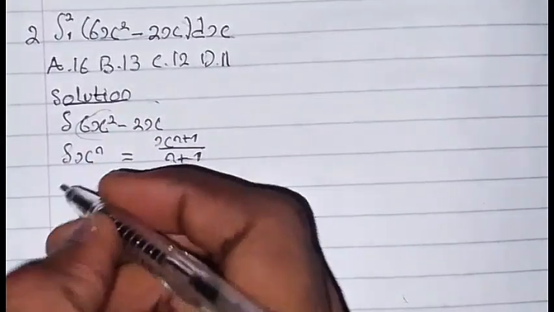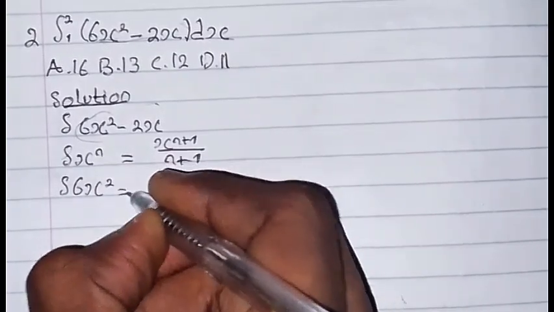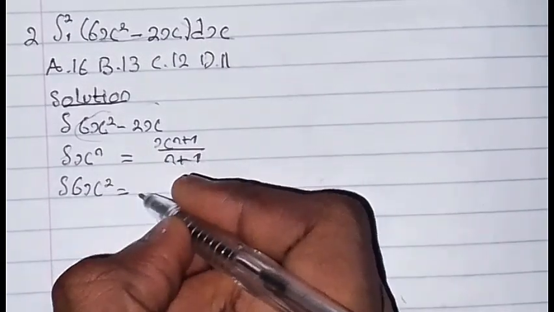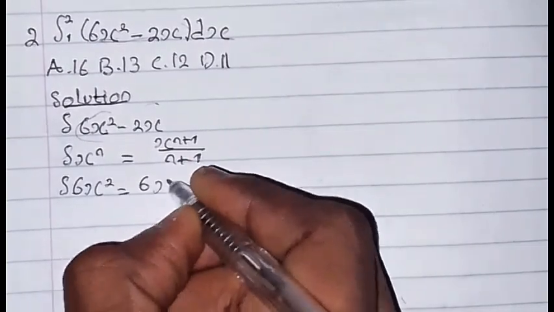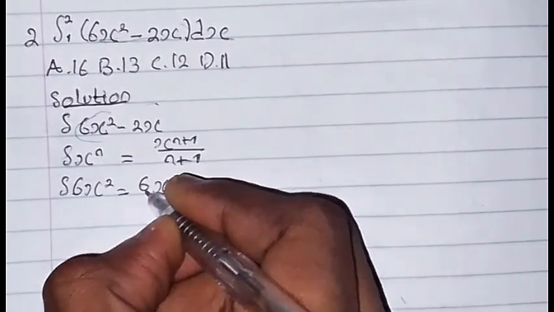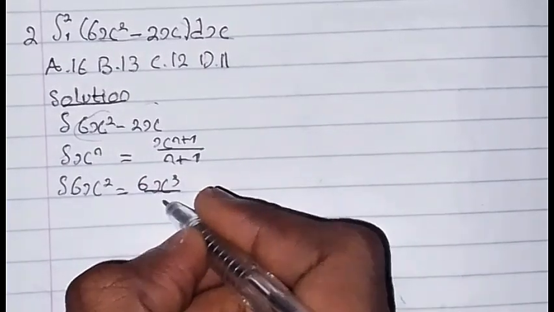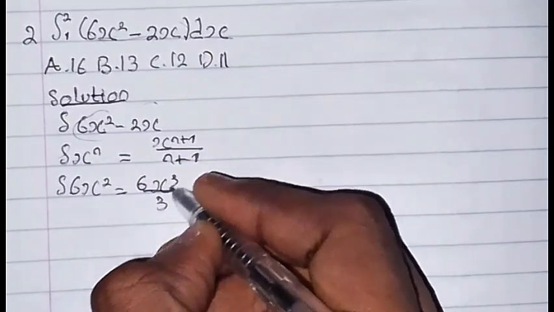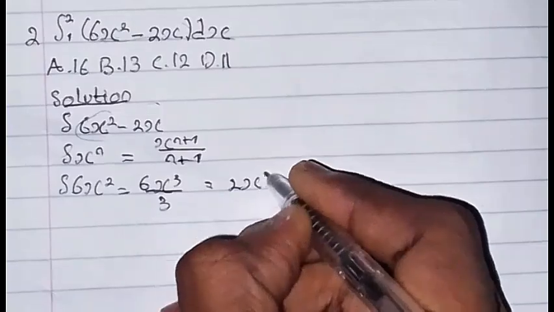For 6x squared, the coefficient is 6 and n is 2, so this is now 6x to the power of 3, divided by 2 plus 1, which is 3. So 6x cubed divided by 3, and 6 divided by 3 is 2, so this is 2x cubed.